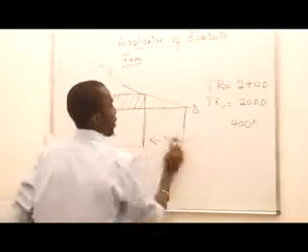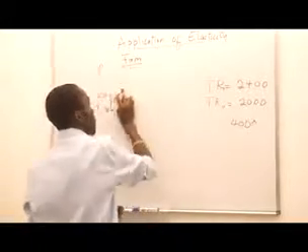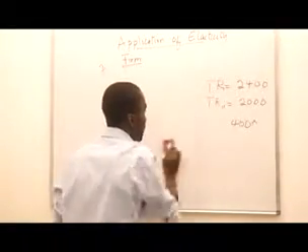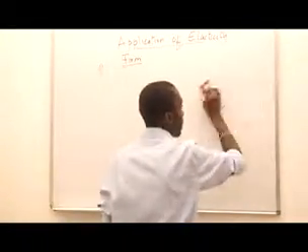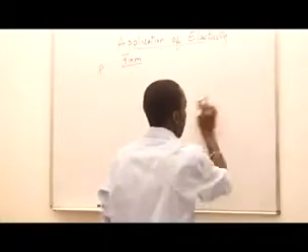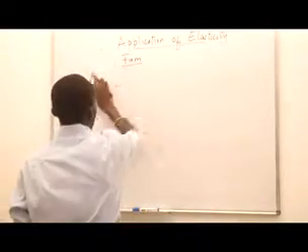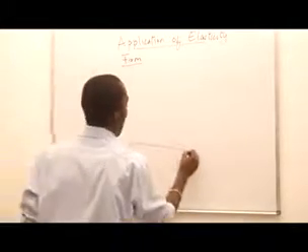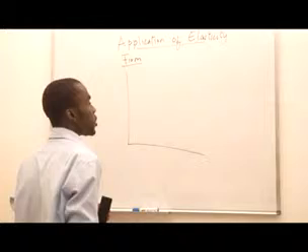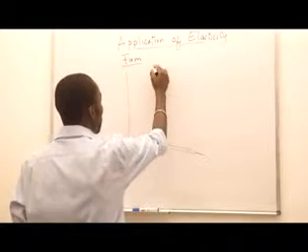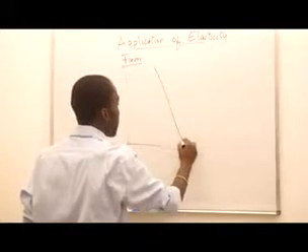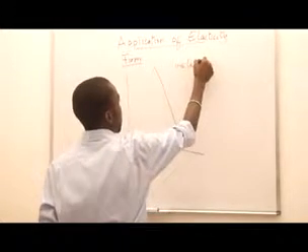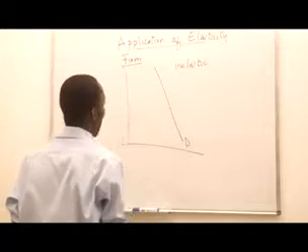Let's take a case where now the demand is no longer elastic, but it is inelastic. So still, the firm would want to increase its total revenue, and it also knows that it is dealing with an inelastic demand curve.